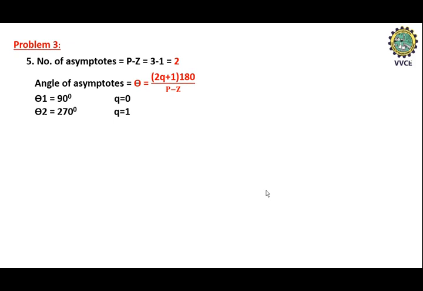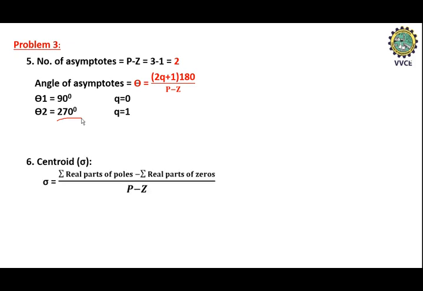But here only 2 angles are required because 2 infinite branches are there. So you can calculate theta 1 and theta 2 by substituting q equal to 0 and q equal to 1. That is 90 degrees and 270 degrees we are getting as the directions. One branch will be moving in the direction of 90 degrees and another branch in the direction of 270 degrees.